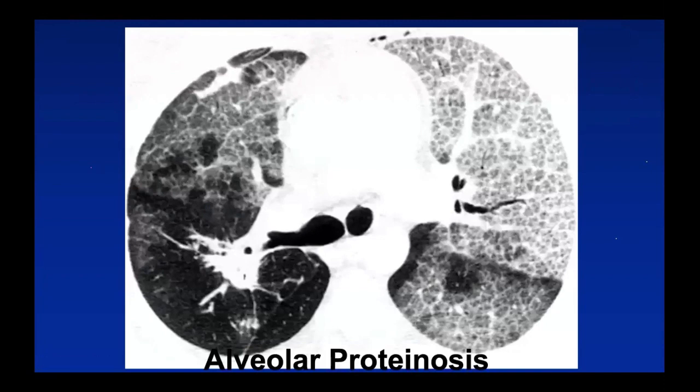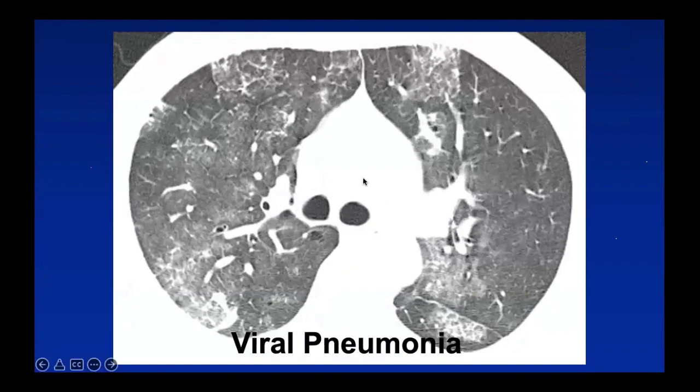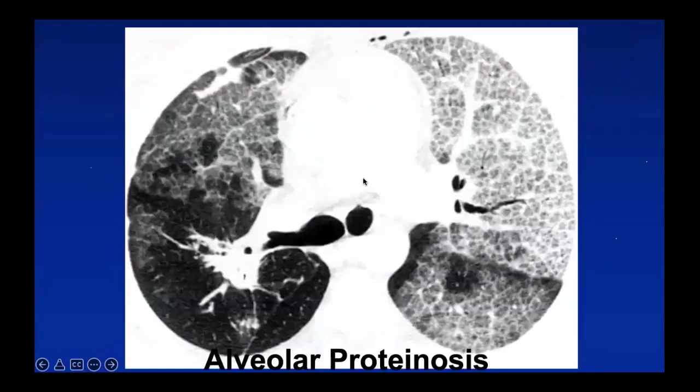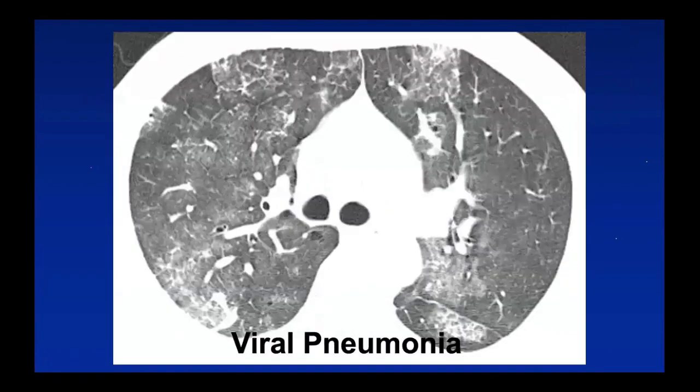Okay, so this patient turns out to have alveolar proteinosis. A different patient, this isn't as classic as the one we just saw with this fine reticulation. Instead, we see the ground glass opacity and we see the reticulation here. This is the septal thickening and then finer reticulation within the interlobular septi.